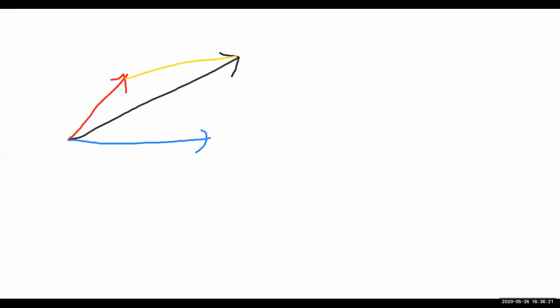How many pairs of vectors... Okay, so supposing one vector, and so I draw the parallelogram, supposing the other vector. How many pairs of vectors will add up to vector A?